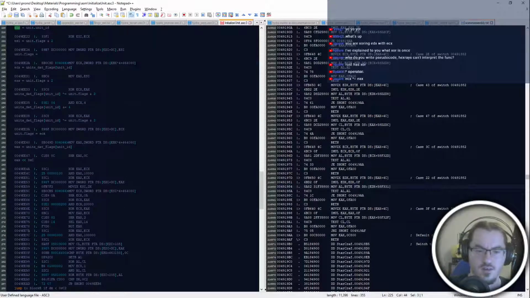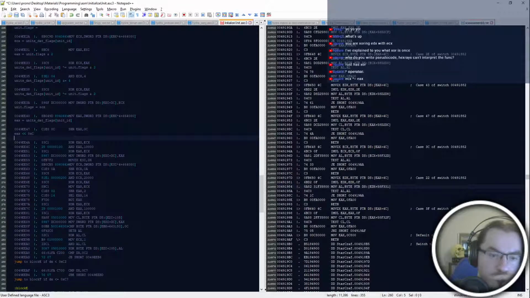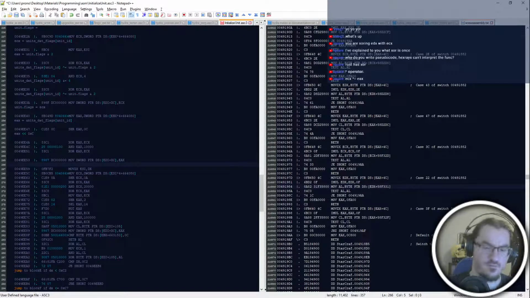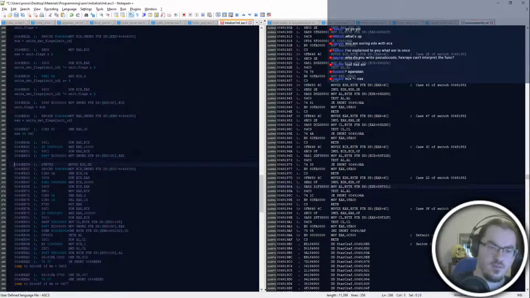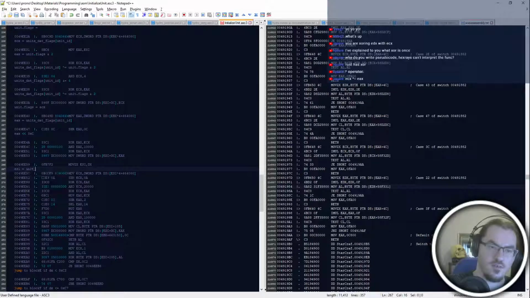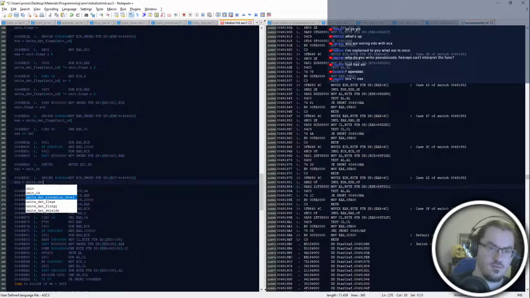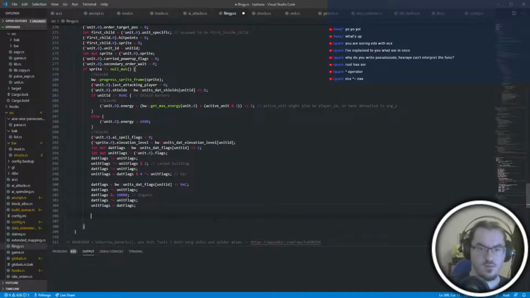So then we're, wait, what? So then we have... no, I can actually get rid of this too. Then ESI equals unit ID. ECX equals flags.